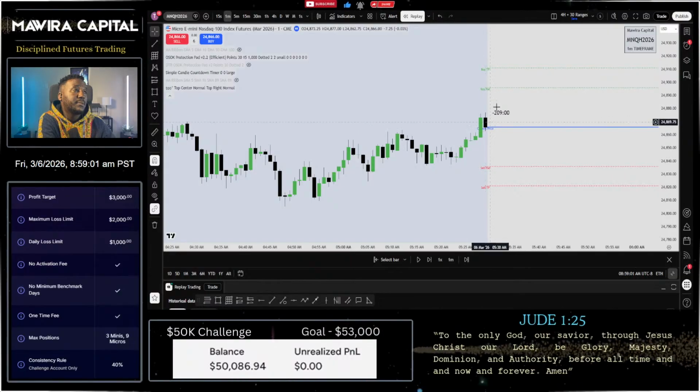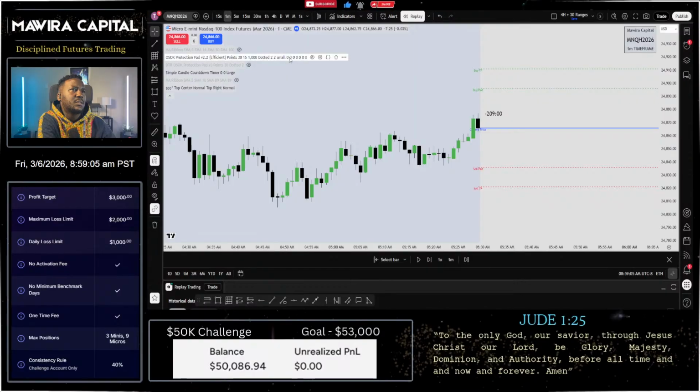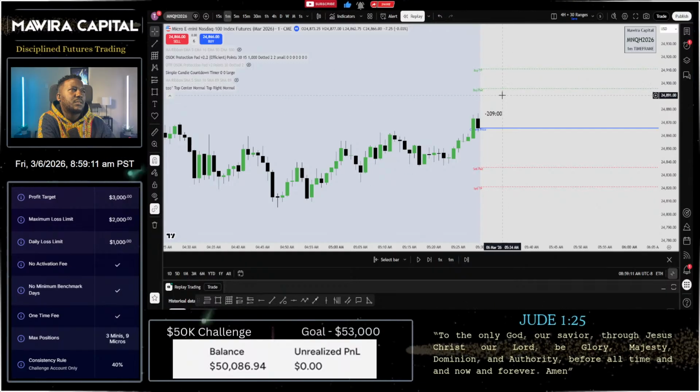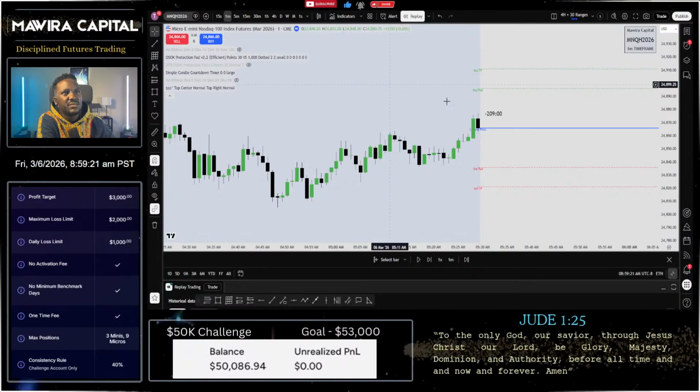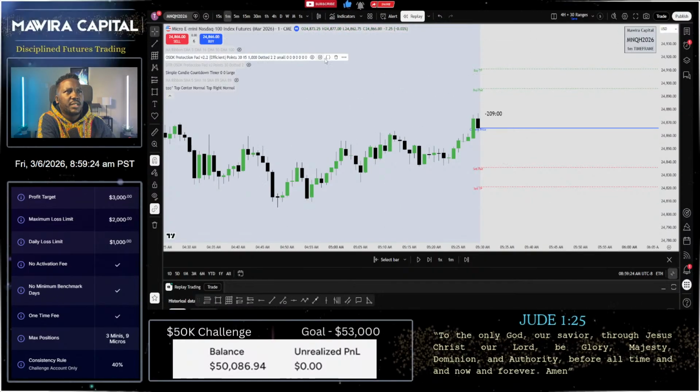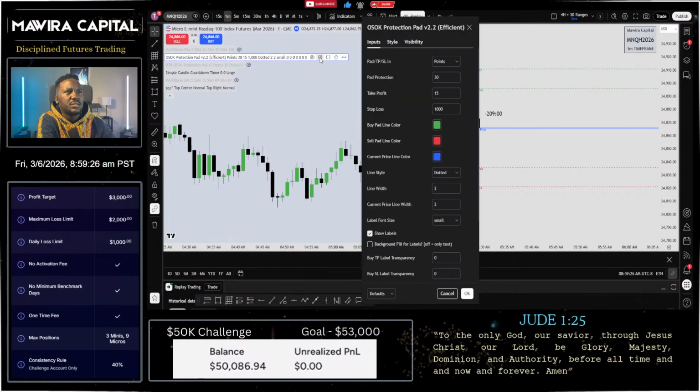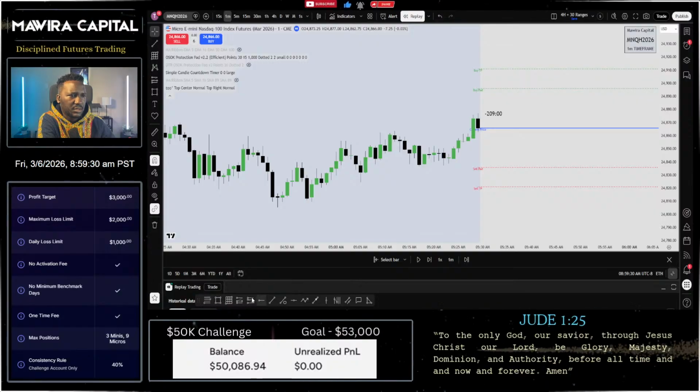But let's say I woke up this morning. This is how I would have done it. So the protection pad has those lines, right? Pretty much this is where you put your buy stop and your sell stop. I'm just curious if I would have passed. Let me see. The protection pad is 30, so it will be something like this.